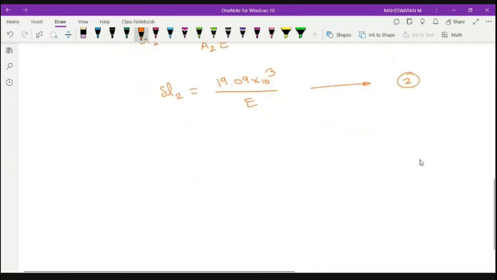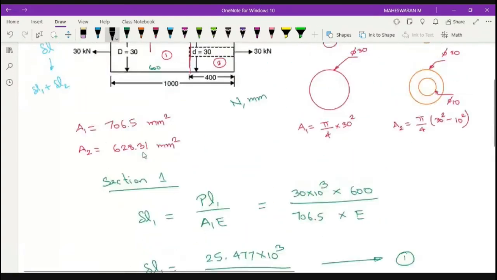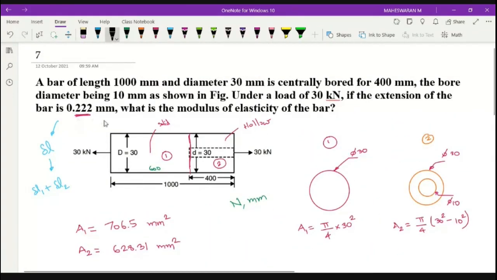Now you know that your del L is equal to del L1 plus del L2. So you know what is your del L, which is the total change in length. Total change in length is 0.222.